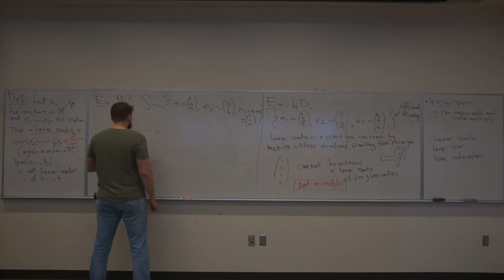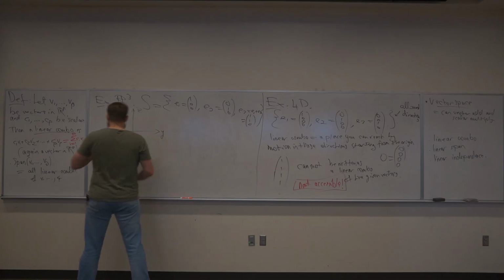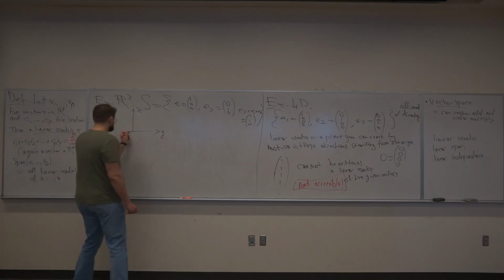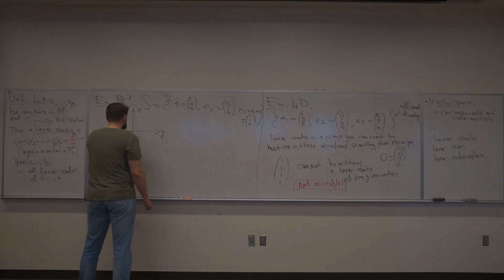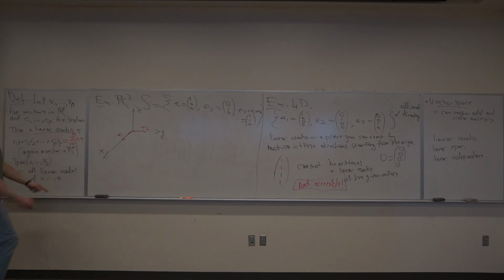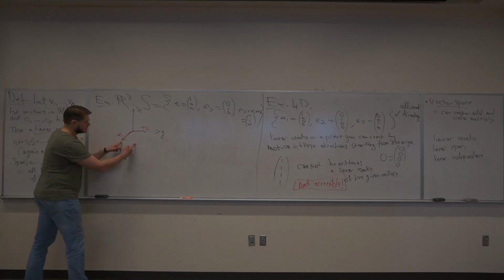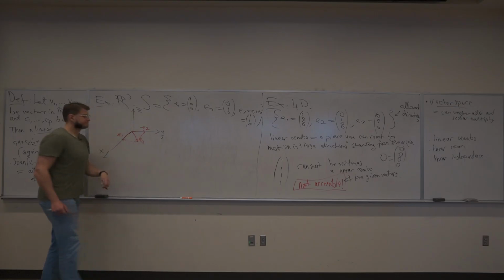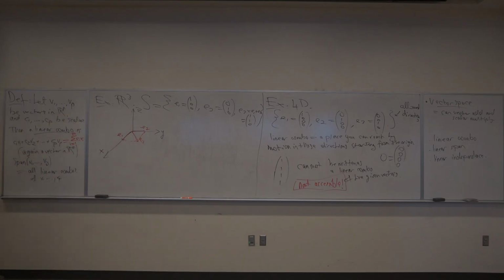X, Y, Z. E1, E2, and how can I visualize E3? Well, I'm just going to adjoin one of these vectors next to the other one. And this right here is E3.